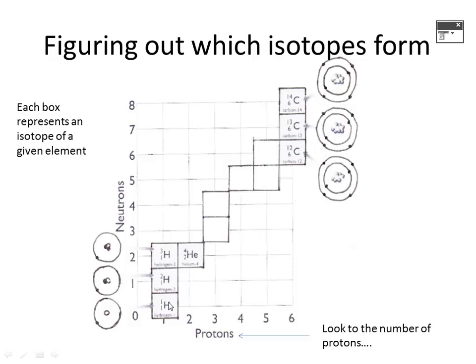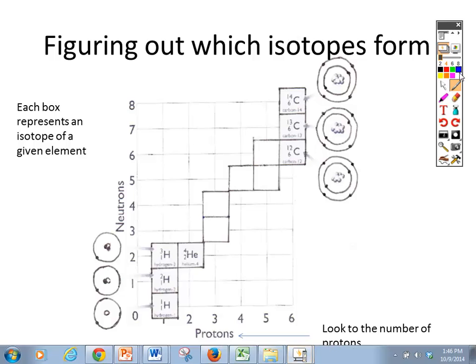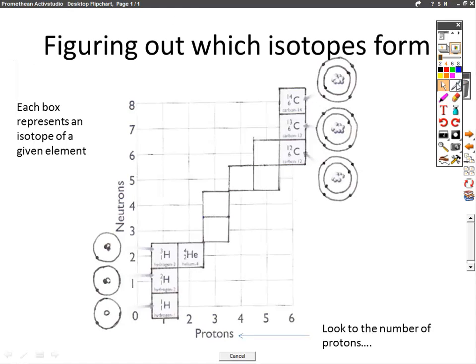For instance, hydrogen has 3 isotopes. Hydrogen with 1 proton and no neutrons is hydrogen 1. Hydrogen with 1 neutron and 1 proton is hydrogen 2. And hydrogen with 2 neutrons and 1 proton forms here. What's atomic number 3?